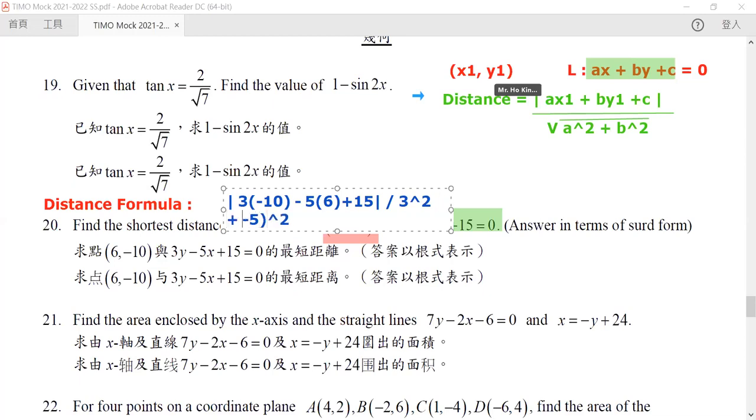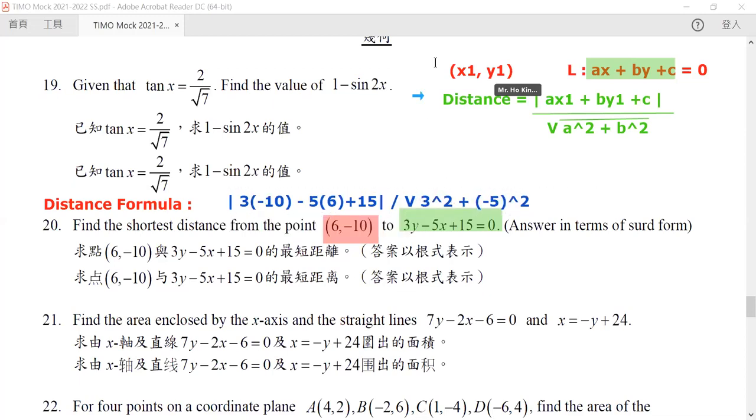But of course, negative 5 squared is exactly the same as 5 squared, so we don't need to worry about it. Don't forget to take the square root of it. Now this is the distance formula, and now we would like to substitute into it.